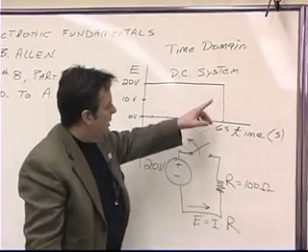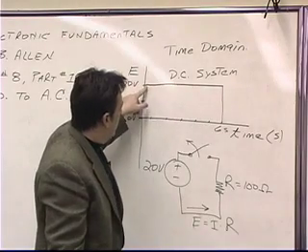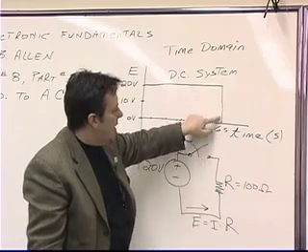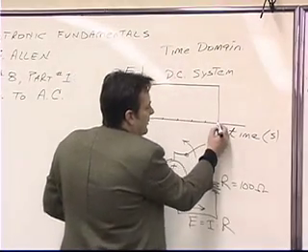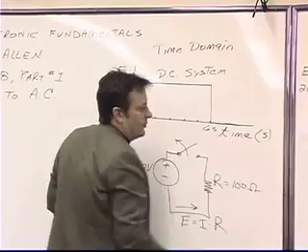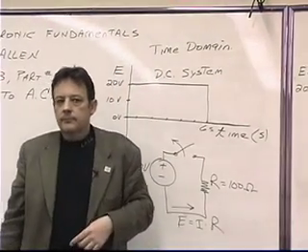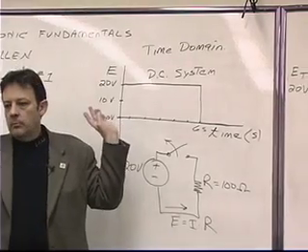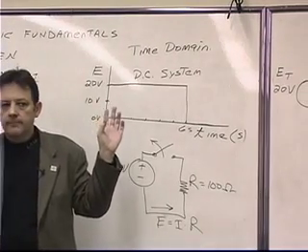So that means that our waveform was at 20 volts continuously and then dropped down to 0 volts and remains at 0 volts until you close the switch again. So you get the idea how the waveform applies to a DC circuit?